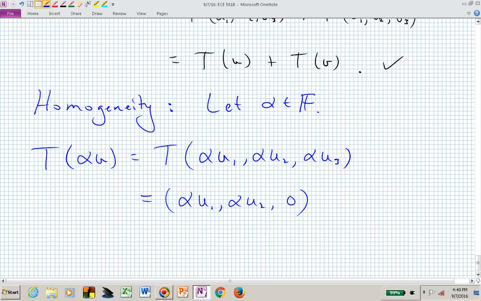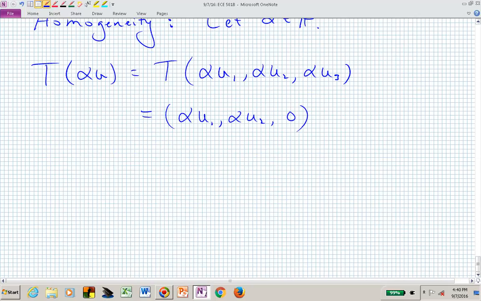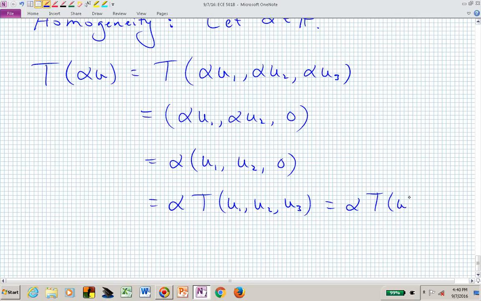I'm retaining or staying in R3, the last coordinate being mapped to 0, and I can actually factor out the alpha. But that's now alpha times T of (u1, u2, u3), which is alpha T of u.